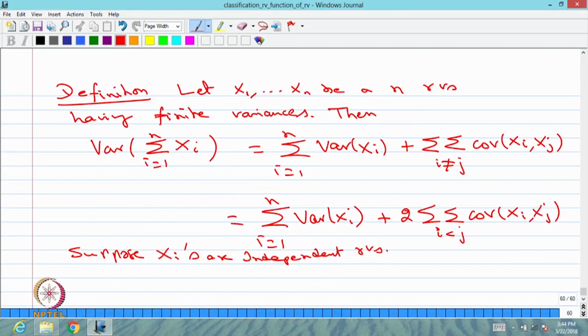Therefore, the second summation won't appear. Therefore, the variance of the sum of random variables is the same as the sum of the variances of the individual random variables when the Xi's are mutually independent.